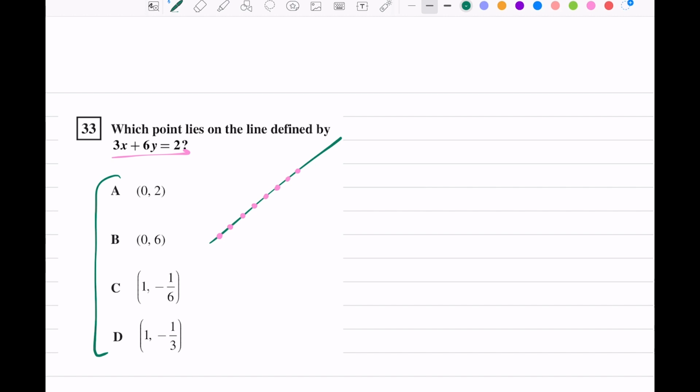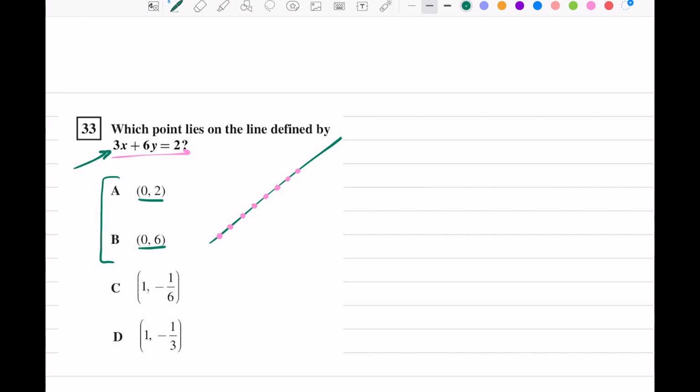So we just need to check each point until we find one that makes the equation true. And looking at our first two options, if you notice, each of these points has an x-coordinate of 0. So these points represent the y-intercept. So option A is telling us that 0, 2 is the y-intercept, and B says 0, 6 is the y-intercept.